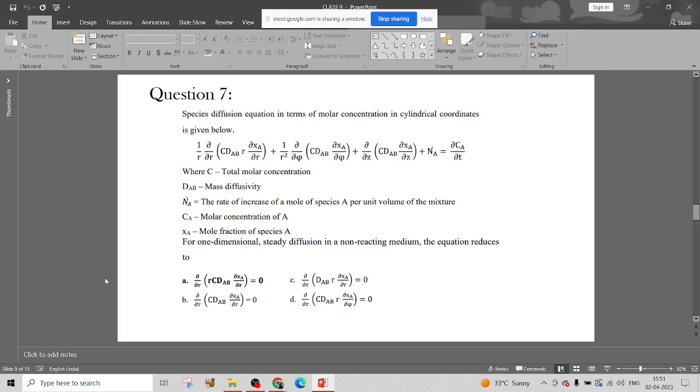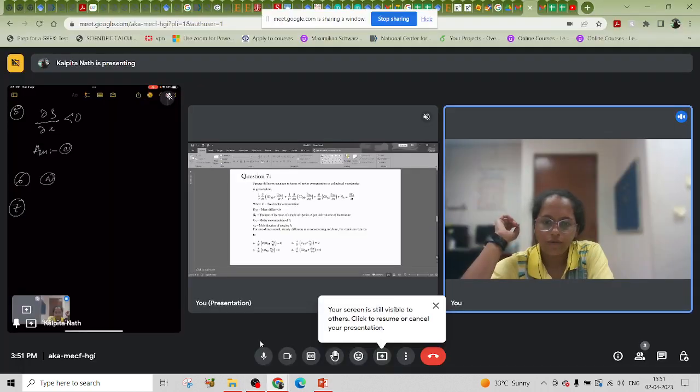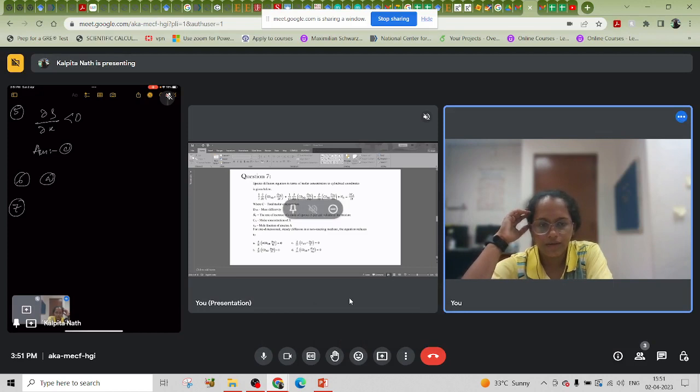Here we just have to find out, based on the assumptions already given, which terms we can cut out of the main equation that we don't require. I'll give you 3 minutes to solve this, and then we'll go on with the solution.